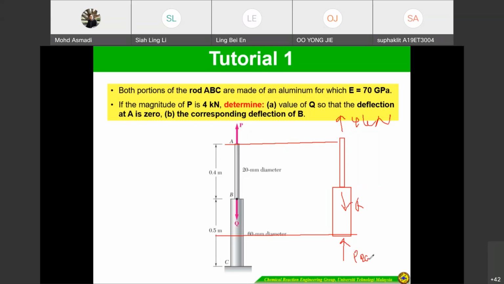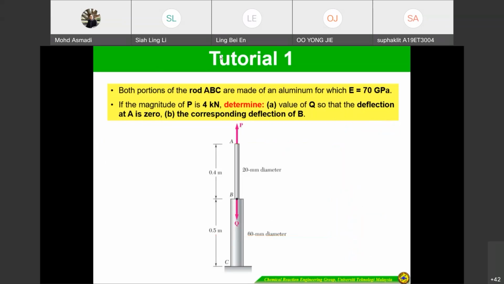If you look at the equations, we can do this by using the equation of equilibrium, total Fy. I don't think we need to draw again. So total positive Fy, we cut from here.